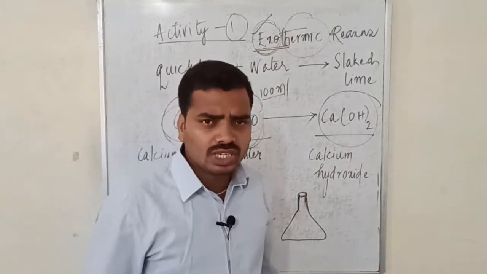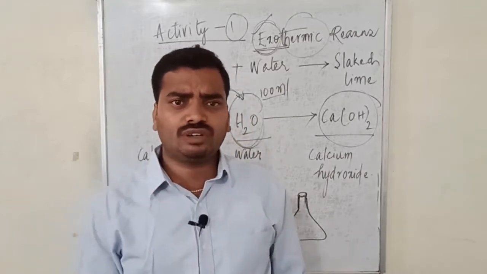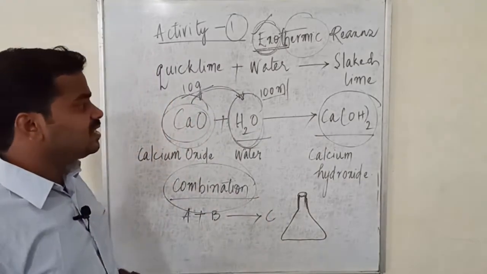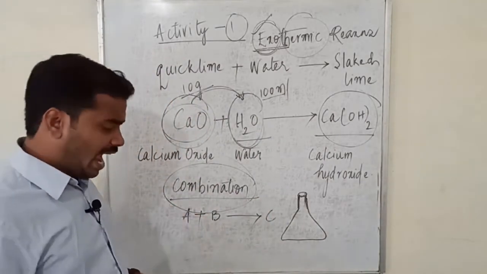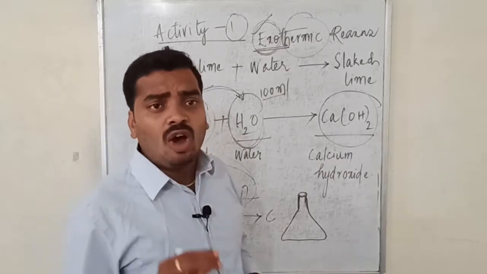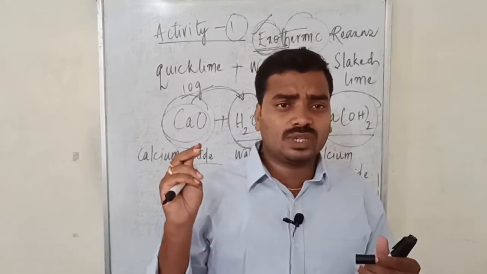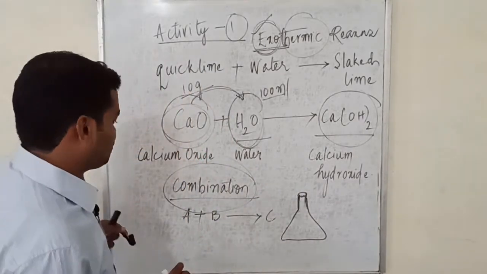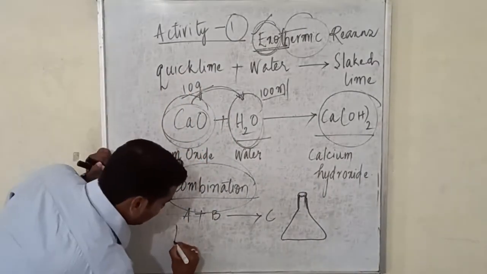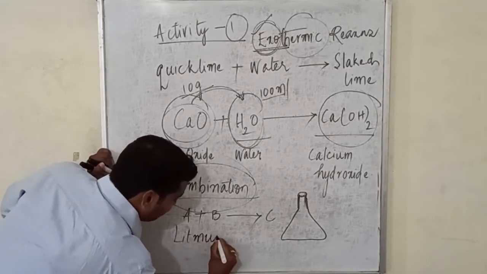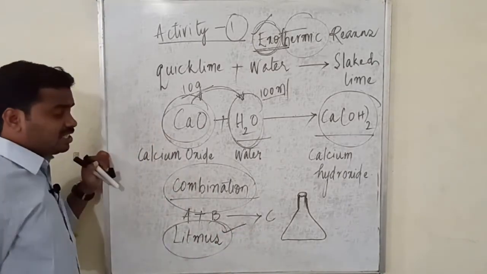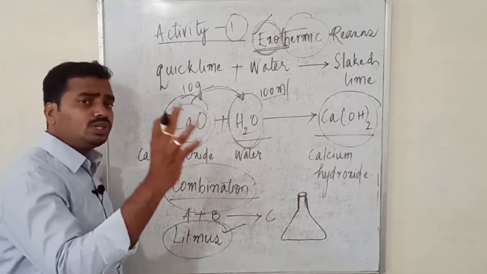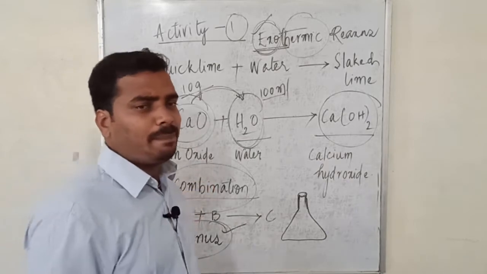Now I am going to say one more important interpretation from this reaction or equation. After performing this activity, you would make one important observation by using a paper called litmus paper. This will be discussed clearly in the next chapter, that is acids, bases and salts. But right now try to remember, we are going to use a paper called litmus paper.